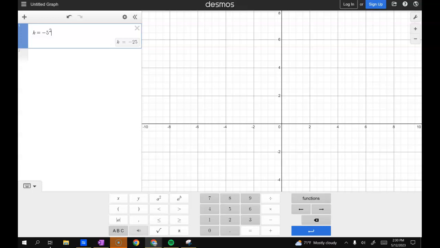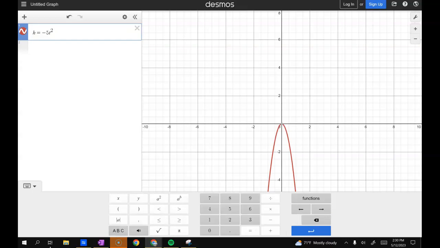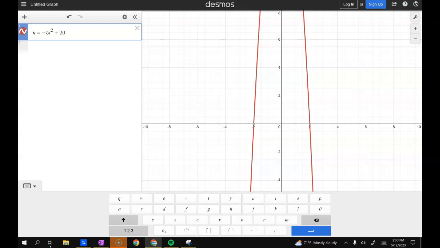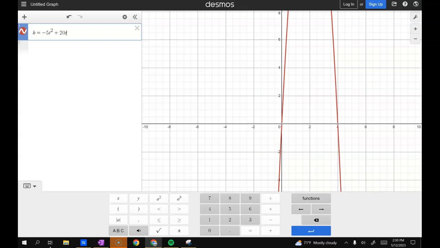Then hit the right arrow so your blinking line is back to where it started, and then we type in the rest. Ooh, I didn't put my t in here. That's fine. t. So it should look like that. And then you put plus 20t plus 2.